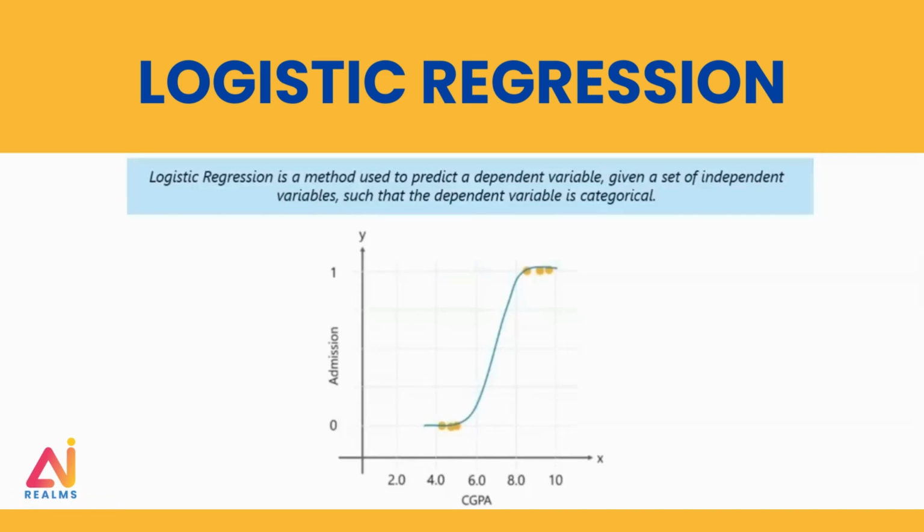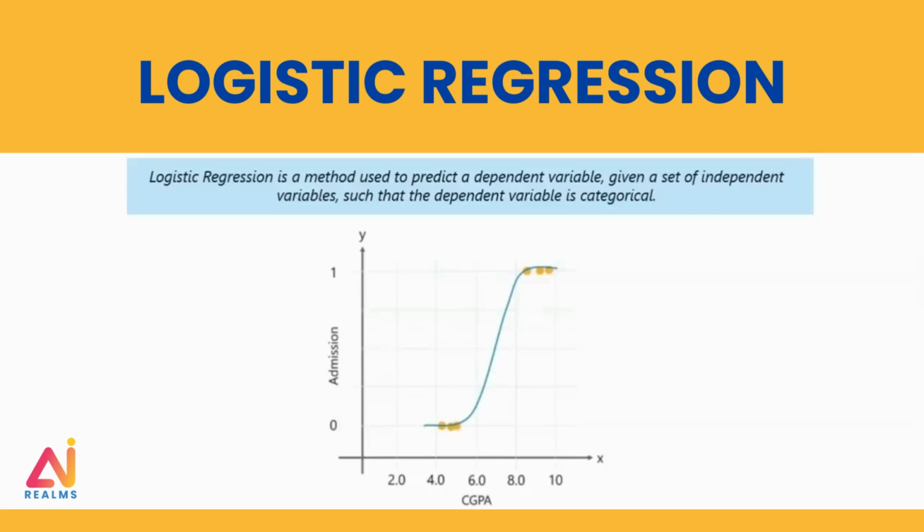Now, one major confusion that everybody has is people keep asking me, why is logistic regression called logistic regression when it is used for classification? The reason it is named logistic regression is because its primary technique is very similar to linear regression. There's no other reason behind the naming.